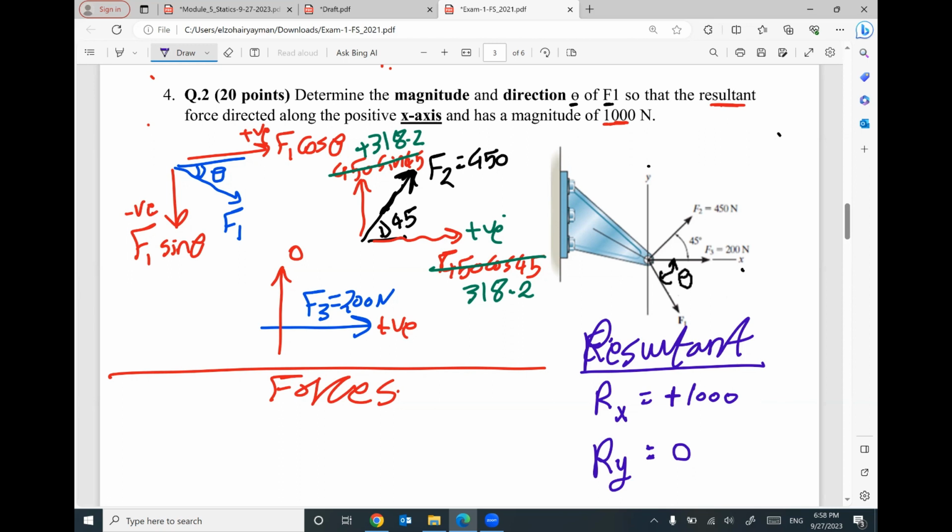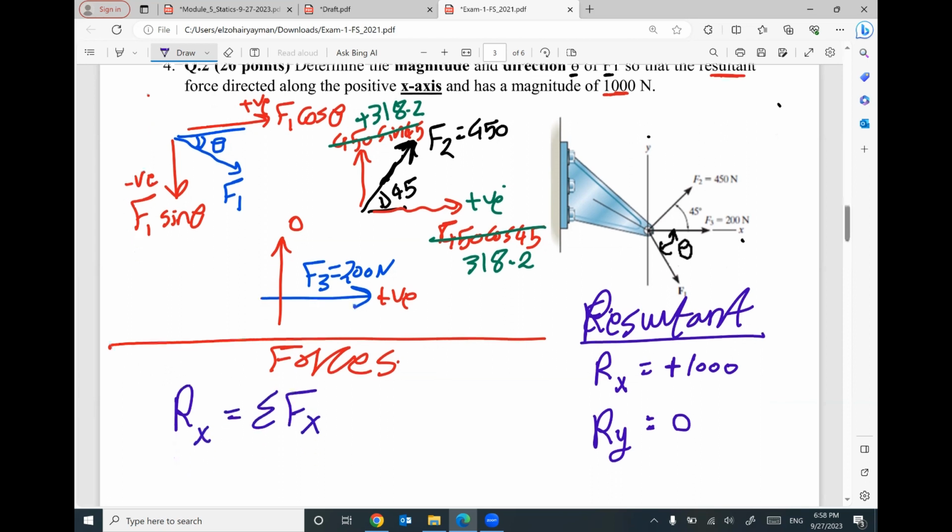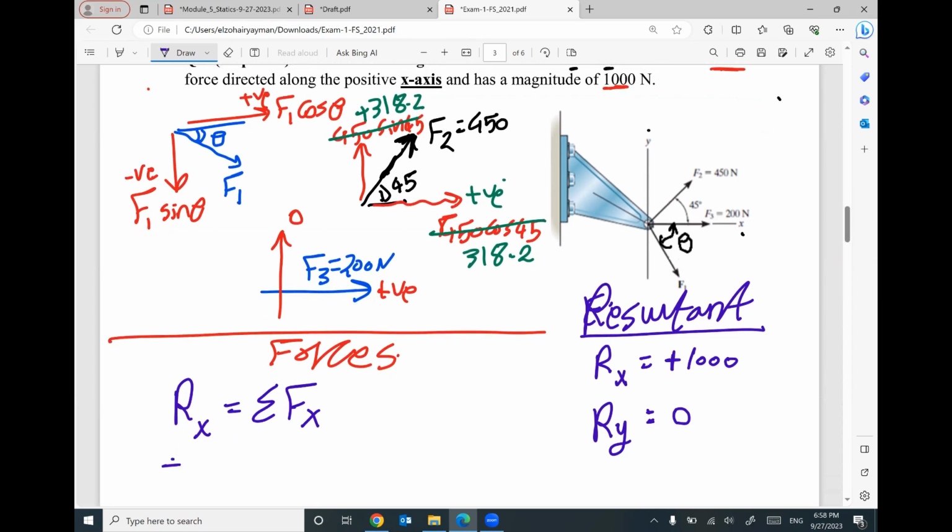So I can say the X component of the resultant, Rx, equals the summation of all X components of the forces. So the X component is positive 1000. It equals F1 cosine theta plus 318.2 plus 200.